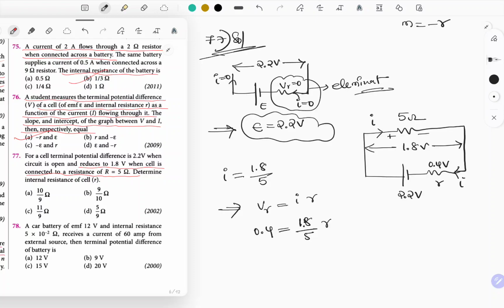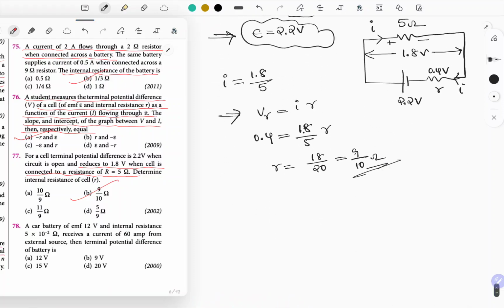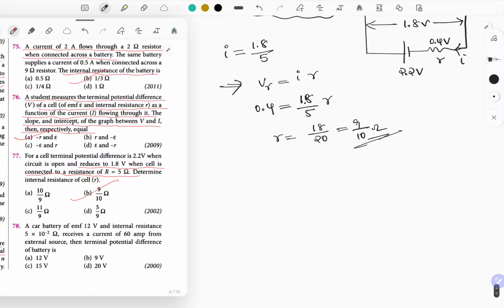So from this, small r is equal to 18 divided by 20, which can be replaced as 9 by 10 ohms is the correct answer. Option B is the correct answer for question number 77.